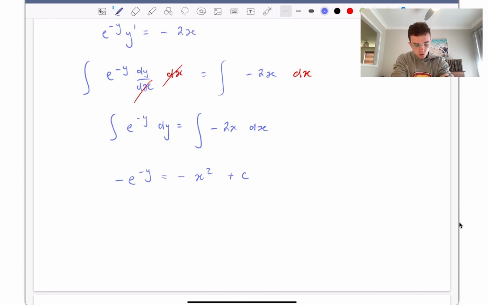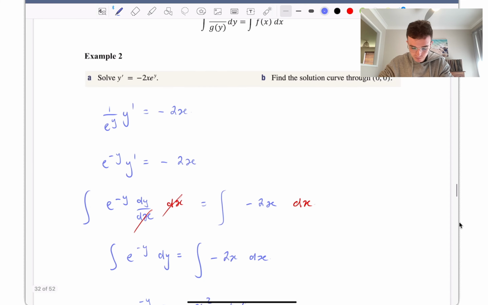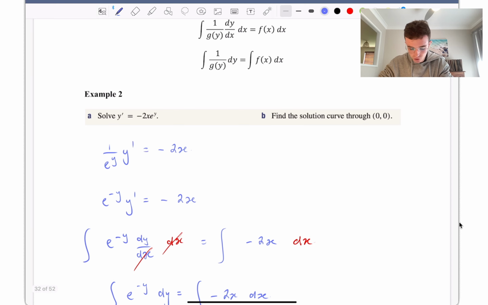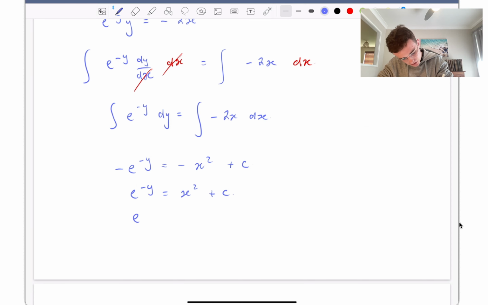Now we can cancel the negative from both sides, so this is e to the minus y equals x squared plus c. Now often before we do the transformation with the ln, because we want to make y the subject, we're going to find that constant c. So we're looking at the solution through 0, 0. So e to the 0 is equal to 0 squared plus c.